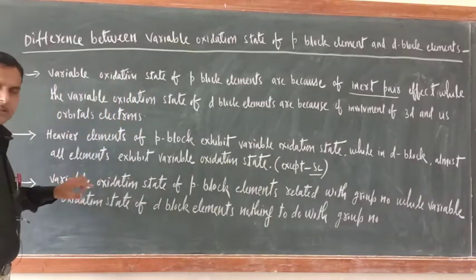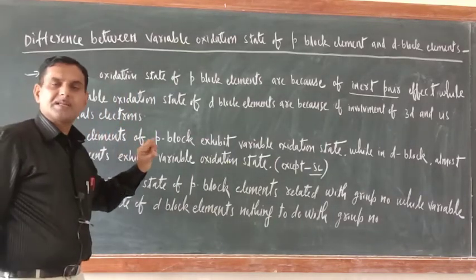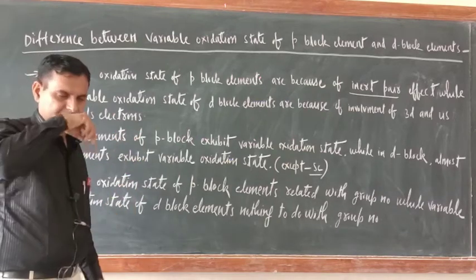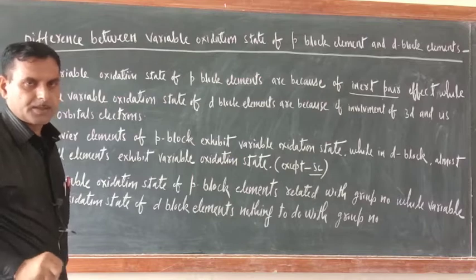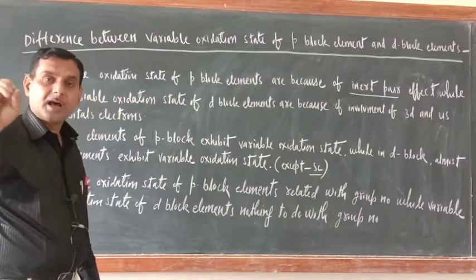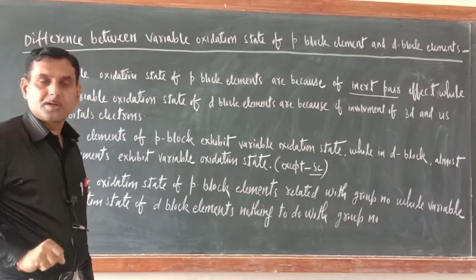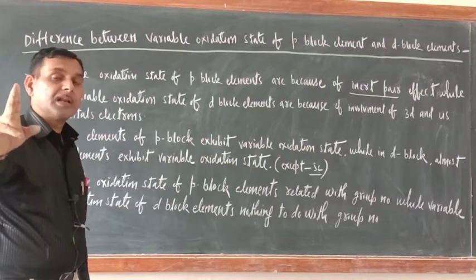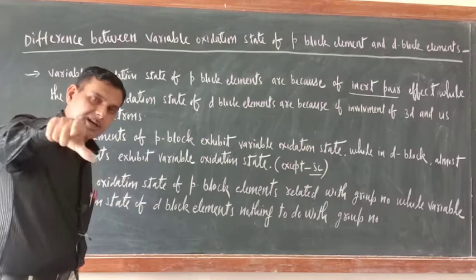Now the variable oxidation state of p block elements is related to the group number. Try to understand. In the 14th group, the normal oxidation state is +4, but they show an oxidation state 2 less than the group oxidation state. That is the inert pair effect.